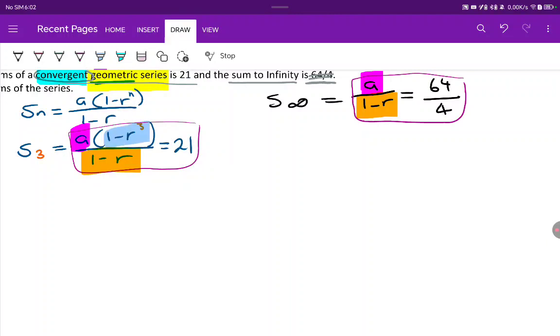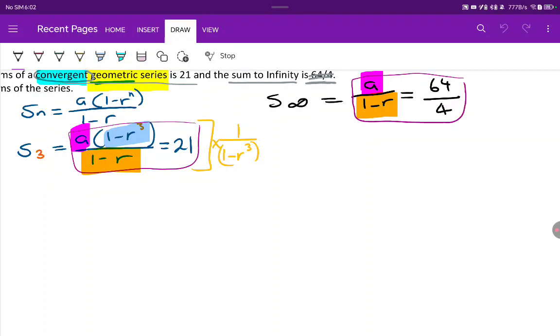And since it's a numerator, what I will do is I can multiply everything by 1 over 1 minus r to the third. So on the left-hand side, it cancels out. And on the right-hand side, it goes in the denominator.